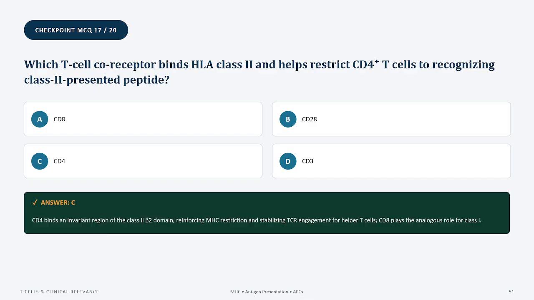Yes, so CD4 binds an invariant region of the class 2 beta 2 domain, reinforcing MHC restriction and stabilizing the TCR engagement for the helper T cells, and CD8 plays the analogous role for class 1.